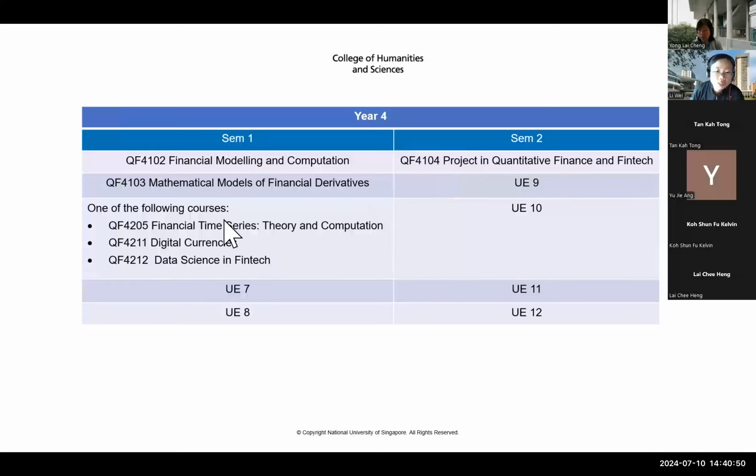Because these 4 are the elective courses, you choose any 2. Since you have chosen this one already, you just need to choose one from the following 3.